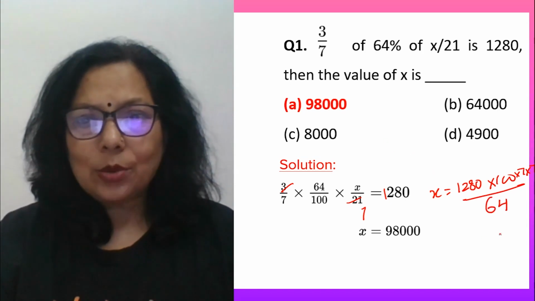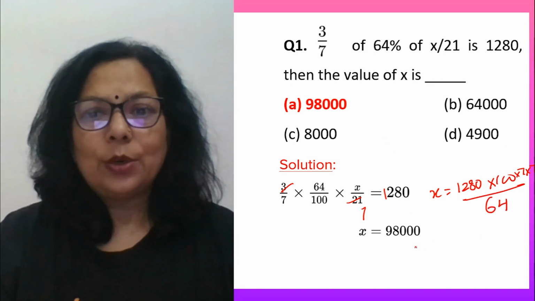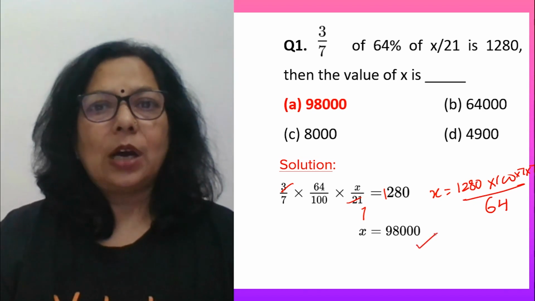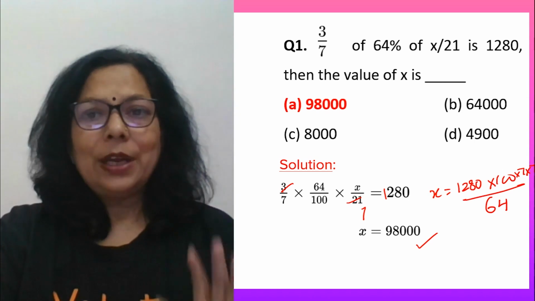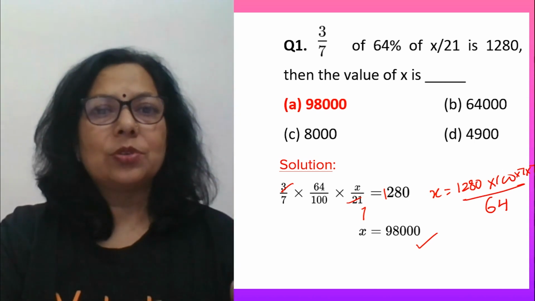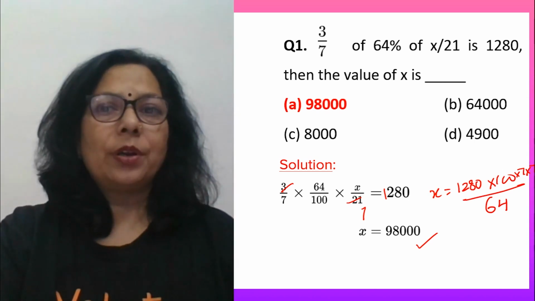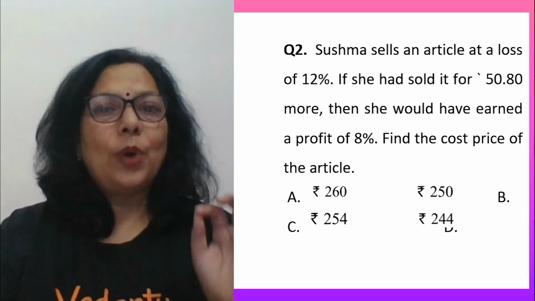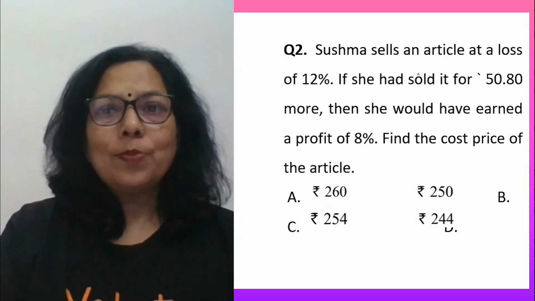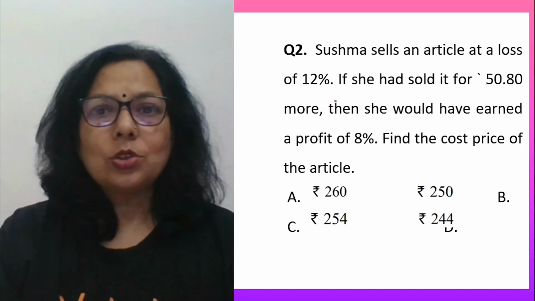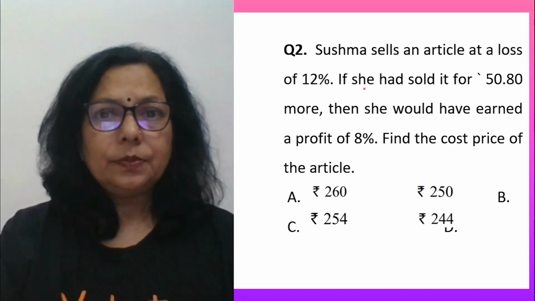So when you calculate this whole expression, you will get rupees 98,000 from this question. So this was the simplest of all. Every time you get nearly 4 questions of comparing quantities, out of which one is easy, two are moderate, and one is tough.